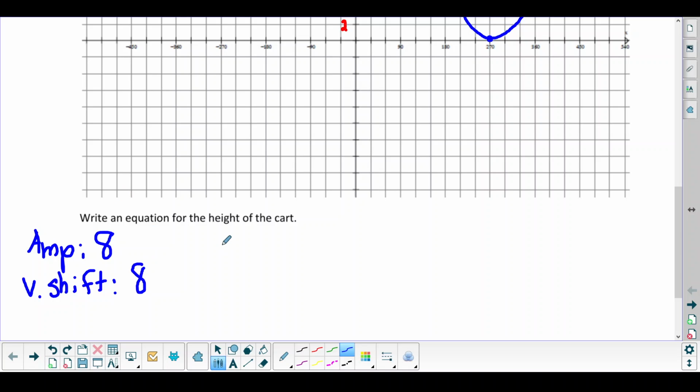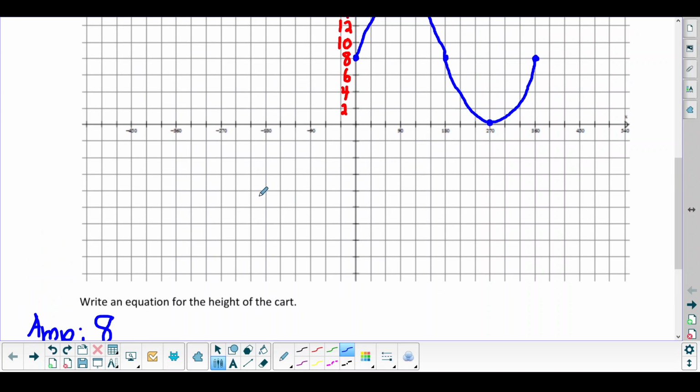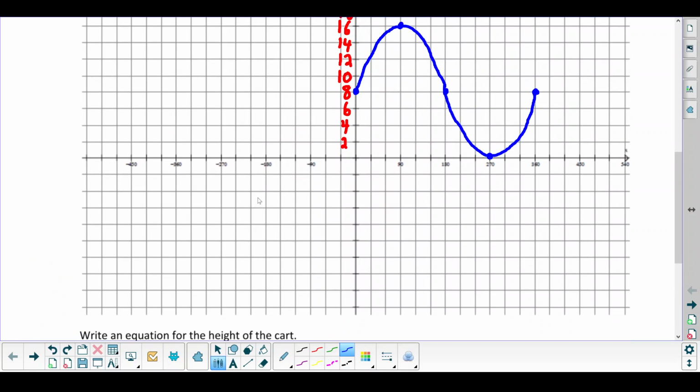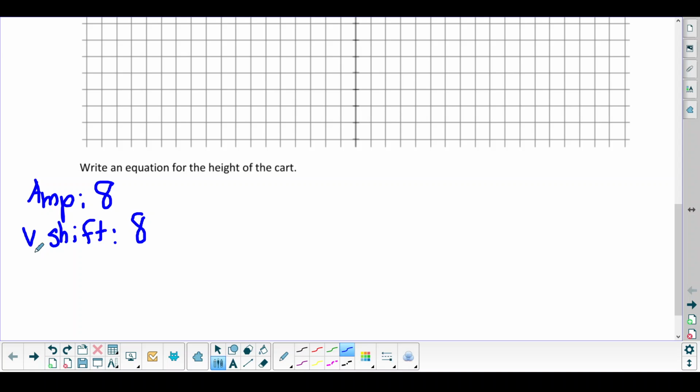But we'll do an example in a bit where it's not the same as the radius. We could also talk about the period. The period for this is 360. That will affect our k value, but if the period is 360, then the k value is 1. So we don't need to change that.